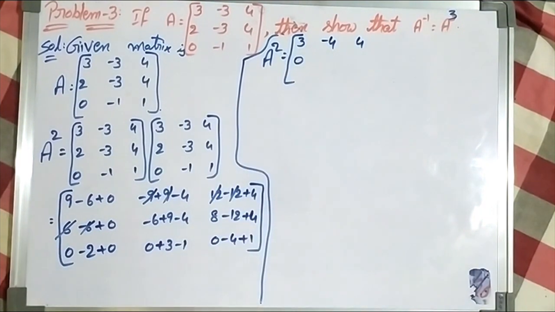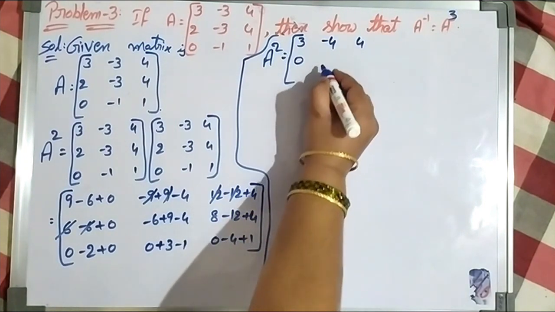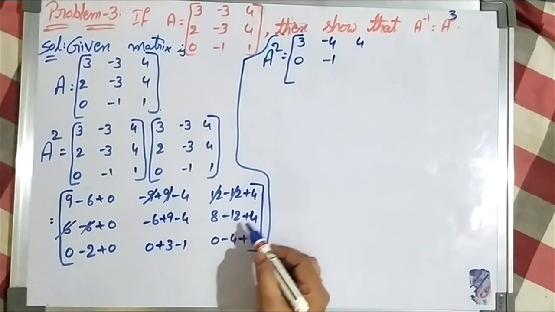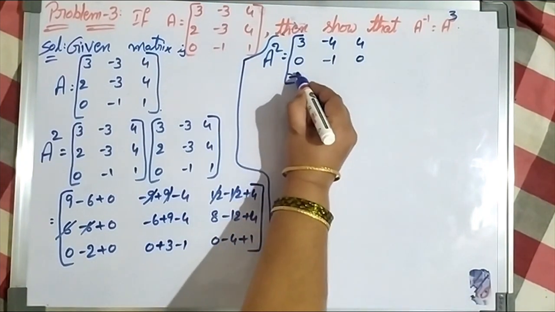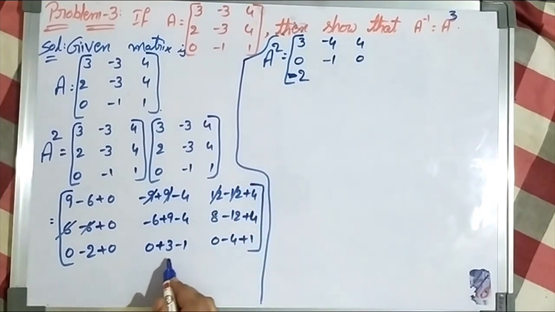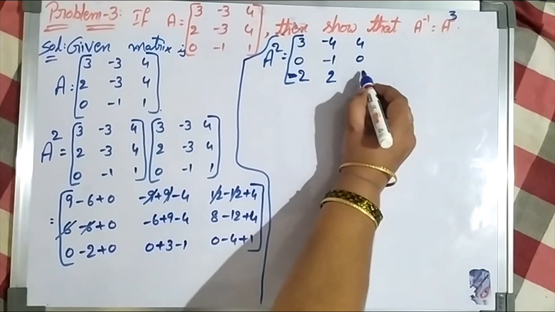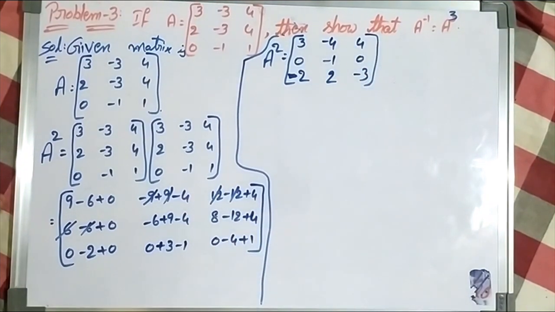Here minus 6 minus 4 is minus 10, plus 9, minus 1. Here 8 plus 4 is 12, 12 minus 12 is 0, minus 2. 3 minus 1, 2. Minus 4 plus 1, minus 3. This is the A square value.